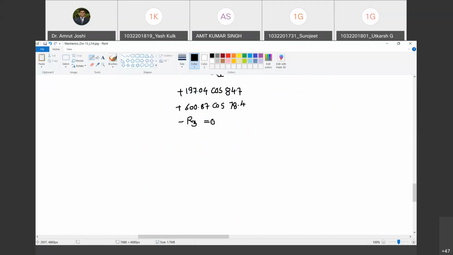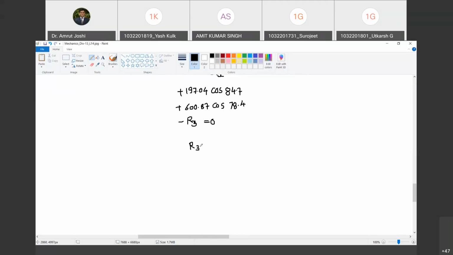So how much is R3? R3 is directly given as 197.04 cos of 84.7 plus 600.87 into cos of 78.4. Happy? That is 139.03.